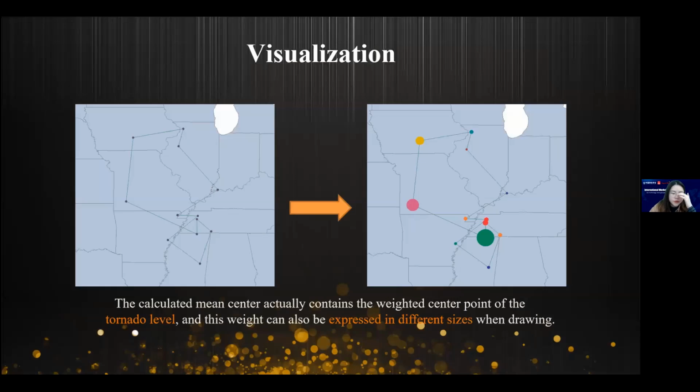We are going to use the calculated mean center. The calculated mean center contains the weighted center point of the tornado level, and this weight can also be expressed in different sizes when drawing.